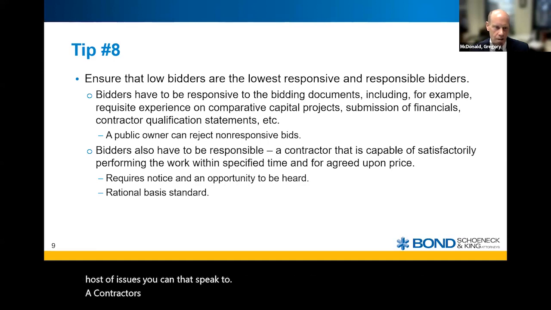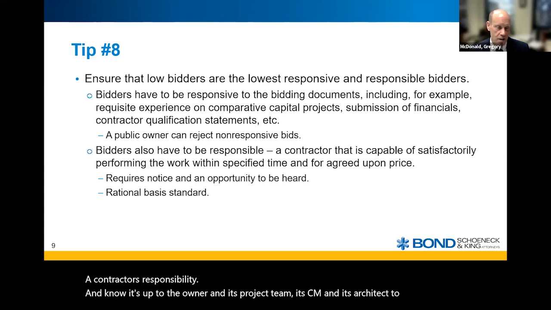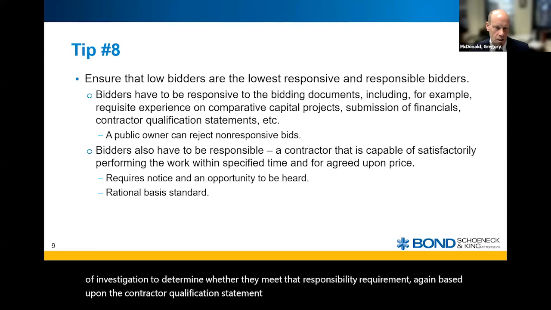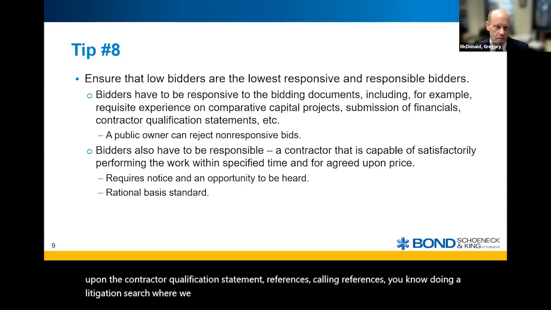And it's up to the owner and its project team, its CM and its architect, to do some type of investigation and determine whether they meet that responsibility requirement. Again, based upon the contractor qualification statement, references, calling references, doing a litigation search, what we're generally asked to do, or sometimes asked to do, and see, have they been involved in lawsuits?